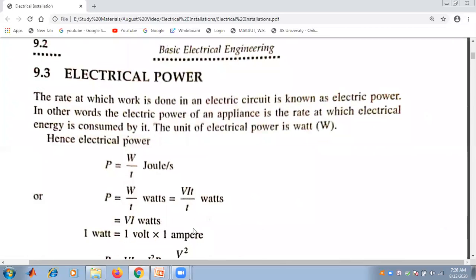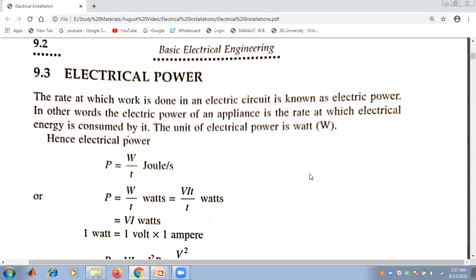Another part of the discussion is electrical power. The rate at which work is done in an electric circuit is known as electric power.